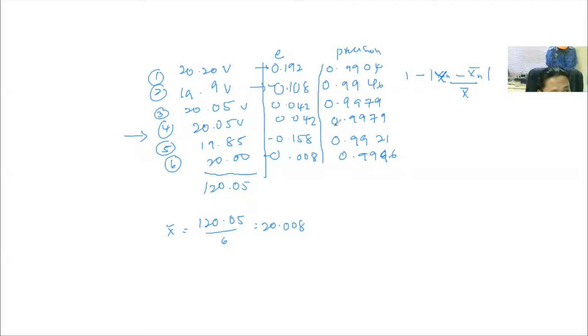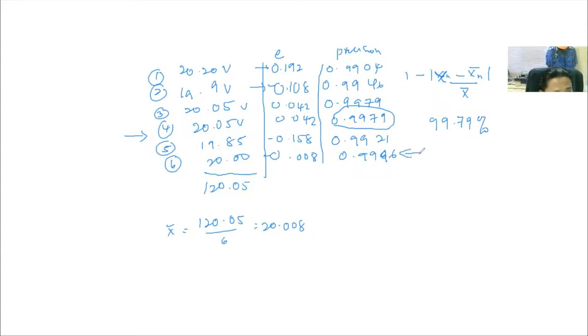So the precision for number 4 in percentage is 99.79 percent. Alright, the most precise is the one almost to 1, which is number 6.